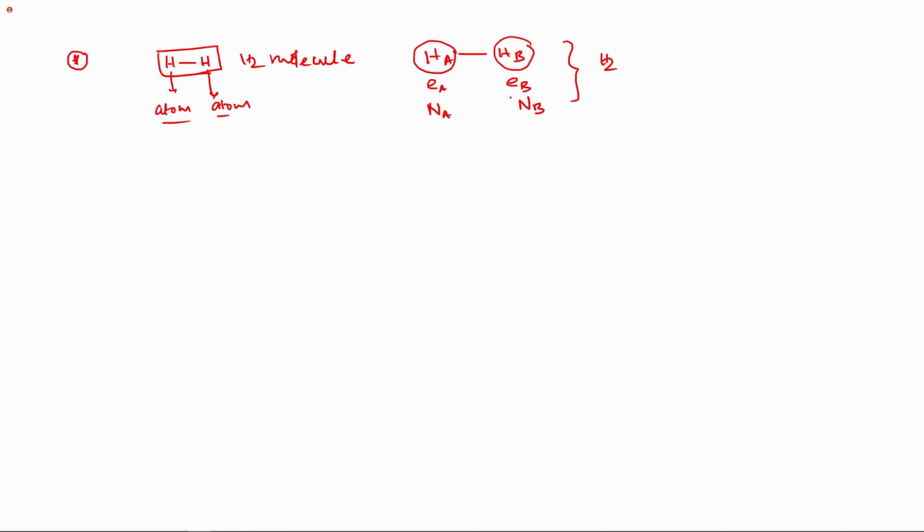Similarly for HB. Now suppose this is the HA atom. NA is the nucleus, it is positively charged, and this is the electron, it is negatively charged. Similarly here the HB atom is present.